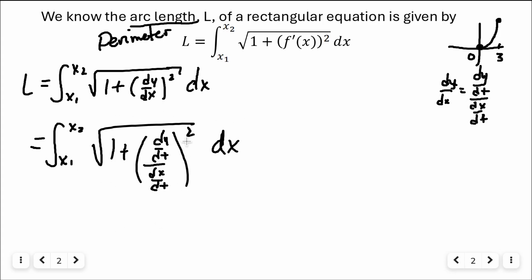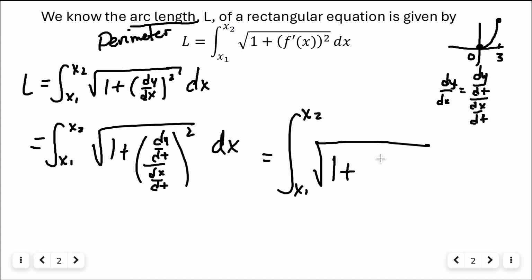So I'm going to square each one individually: the integral from x1 to x2, the square root of 1 plus dy dt squared divided by dx dt squared, with respect to x. Now I have this complex fraction, and I want to remove it and give myself one fraction to work with.